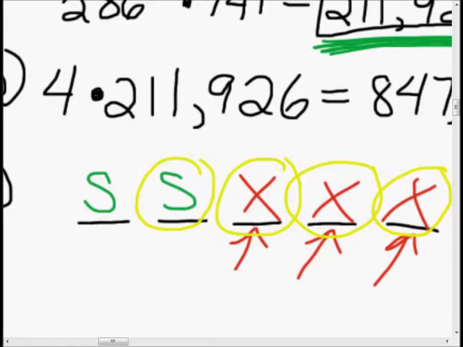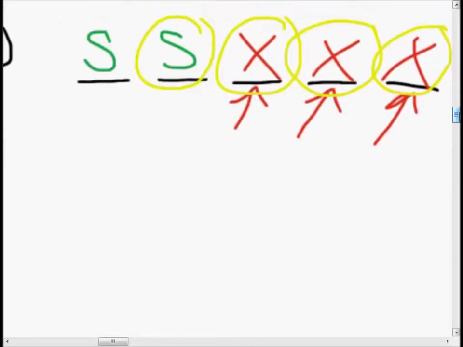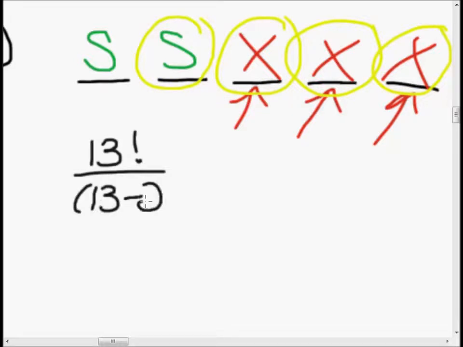Well, if I had a hand that contained, from 13 spades, it pulled two cards, right? This is just a basic combination.